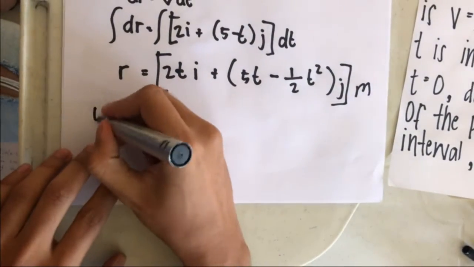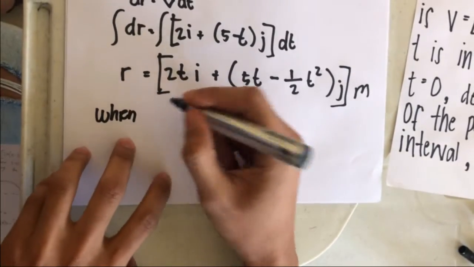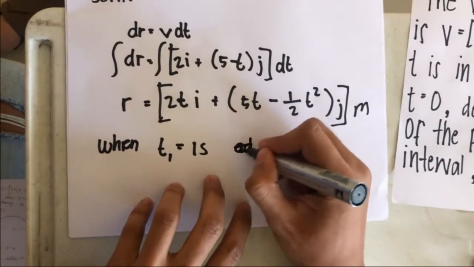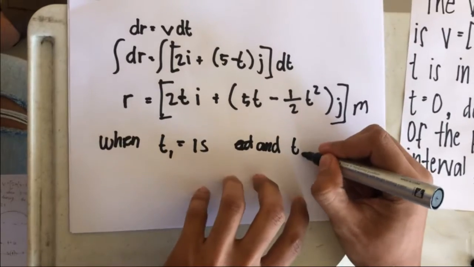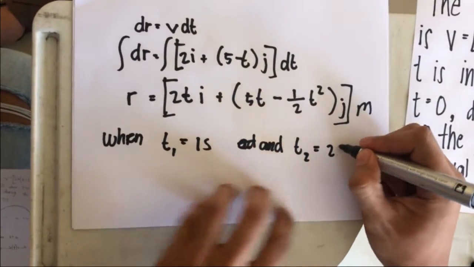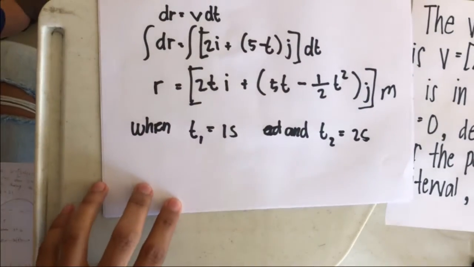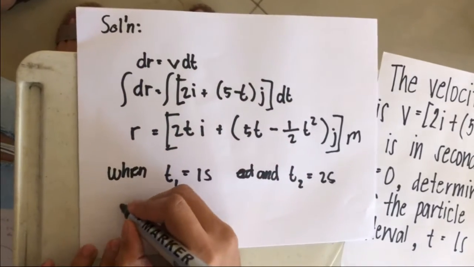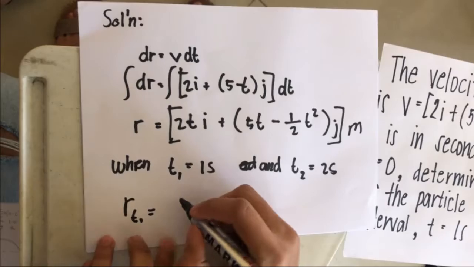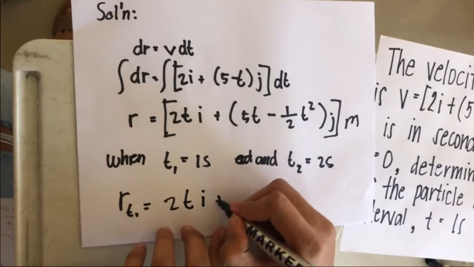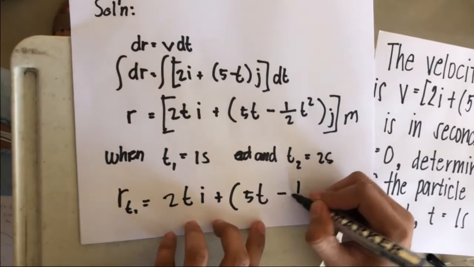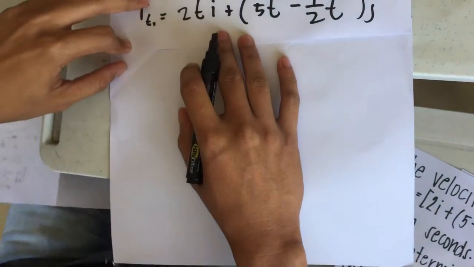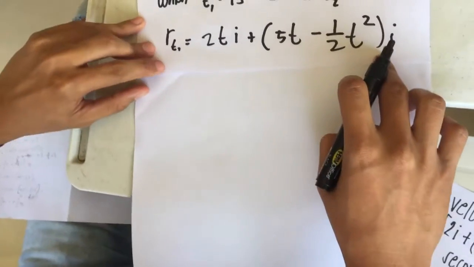So when time t sub 1 is equal to 1 second and time t sub 2 is equal to 2 seconds, we directly substitute these times into this equation. So we have r of t sub 1 is equal to 2t i plus (5t minus 1/2 t squared) j. So we substitute t sub 1 into this equation.